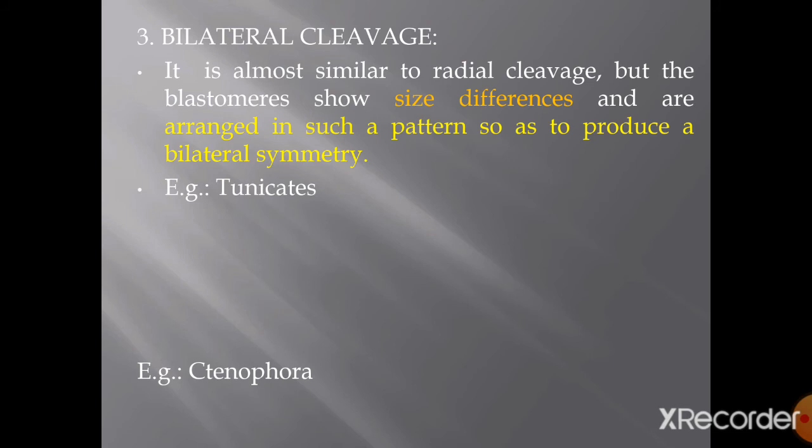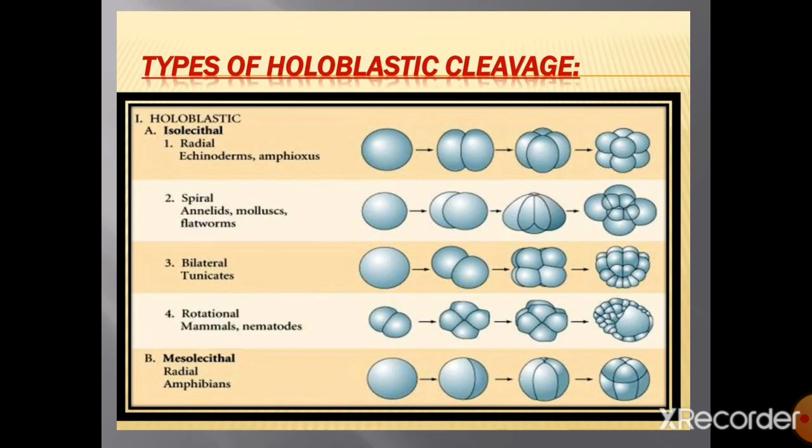Bilateral cleavage is almost similar to radial cleavage, but the blastomeres show size differences and are arranged in such a pattern as to produce bilateral symmetry. You can see here, this type is seen in tunicates, which are protochordates.